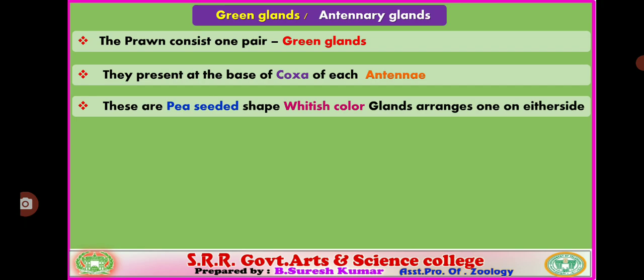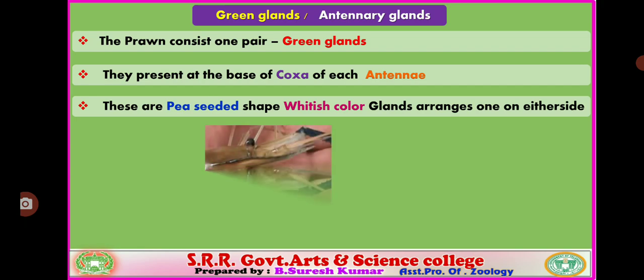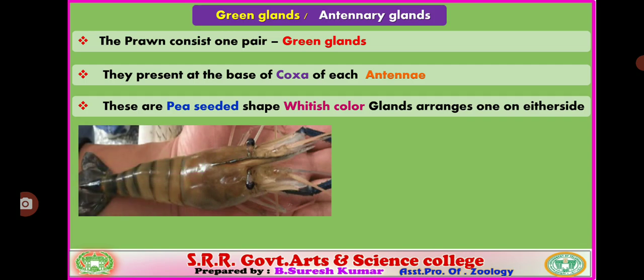These are pea-seed shaped, whitish colored glands arranged one on either side. The color of the gland is light to opaque whitish, and they are arranged at the base of the antenna, one on either side. You observe these are the green glands, one on either side.